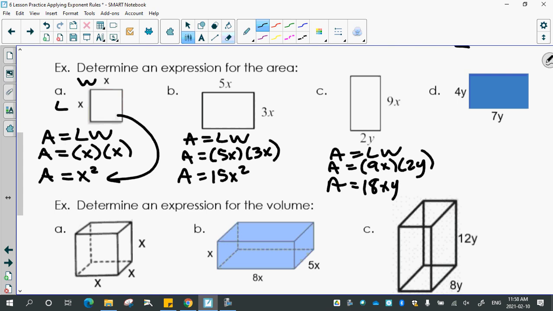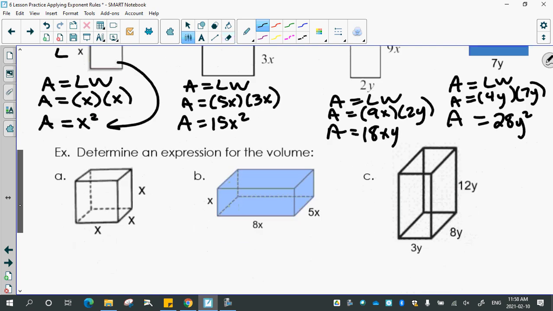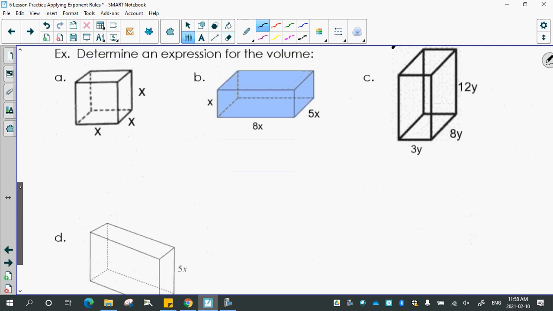There's no other x to combine with anything, and there's no other y to combine with anything. So it's 18xy. And then this one, 4y times 7y gives me what? Perfect, 28y squared. Great.